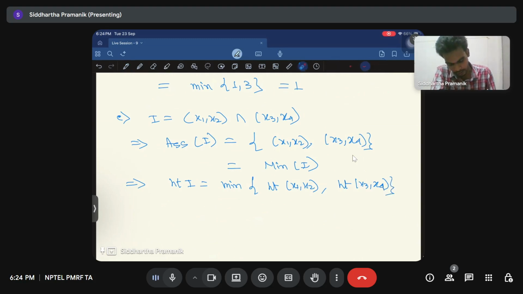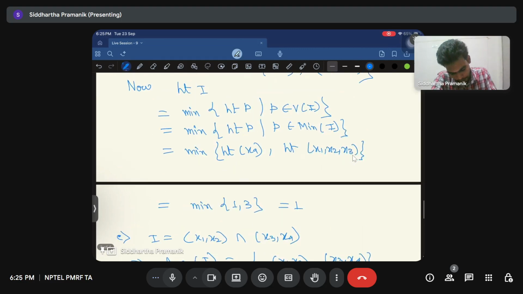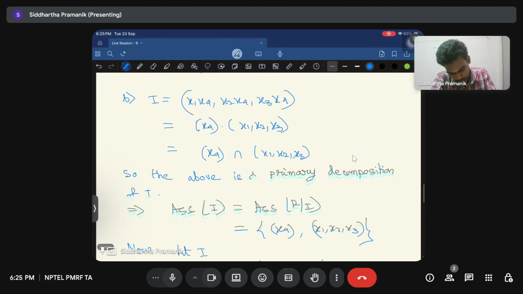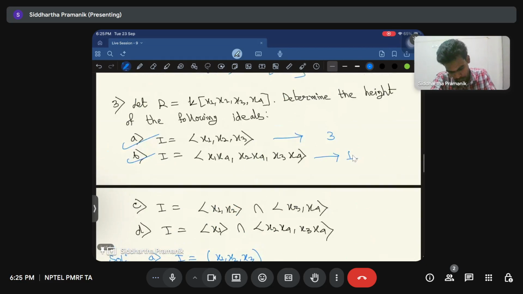And again, as in the first problem, we can use the same method to determine the height of these two prime ideals. First by using Krull's height theorem, then by getting a chain of prime ideals. So it is basically 2. Both the heights are 2. So the height of I has to be 2 here. So the third one is also done.